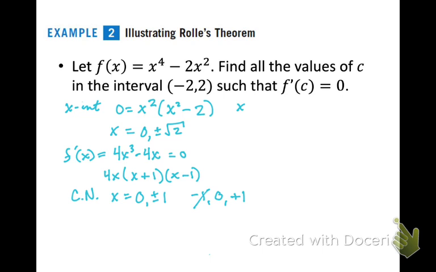But one of those numbers has to be on the interval, right? Because that's what it says. Questions? So that plus or minus square root of 2, we don't have to put that in the end? No, we don't have to do anything with that. We just had to show that a equaled b somewhere on that interval. Okay. Because we were looking for that f of a equals f of b.